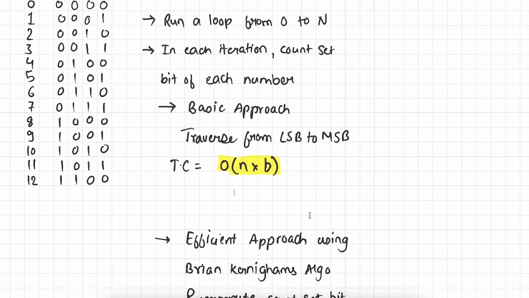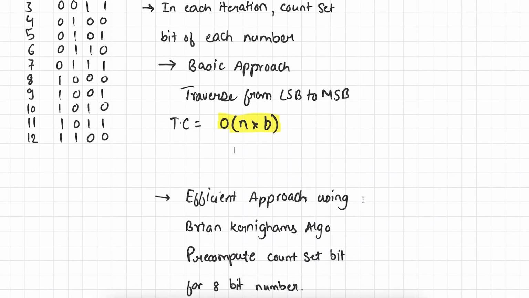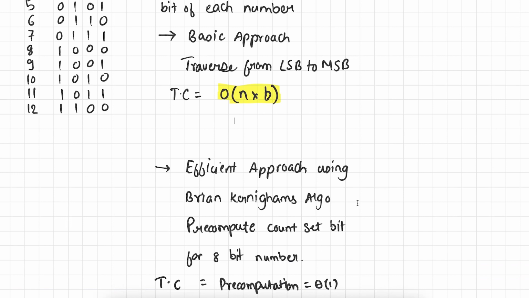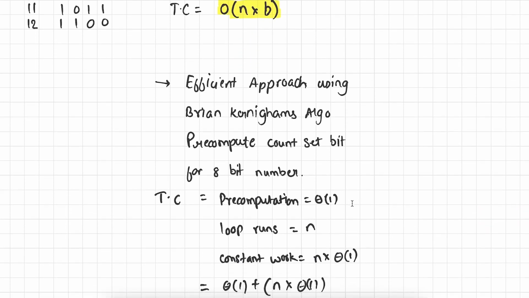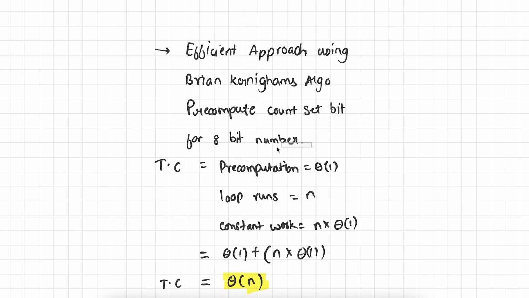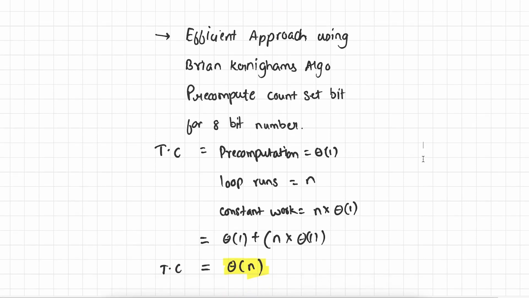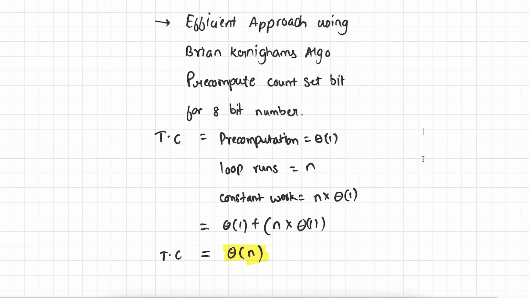And there is one efficient approach to count the number of set bits, and that approach is based on Brian Kernighan's algorithm. In this approach, we pre-compute the count of set bits in 8-bit numbers, and then we use these pre-computed values to count the number of set bits in 32-bit numbers for all the numbers from 0 to n.